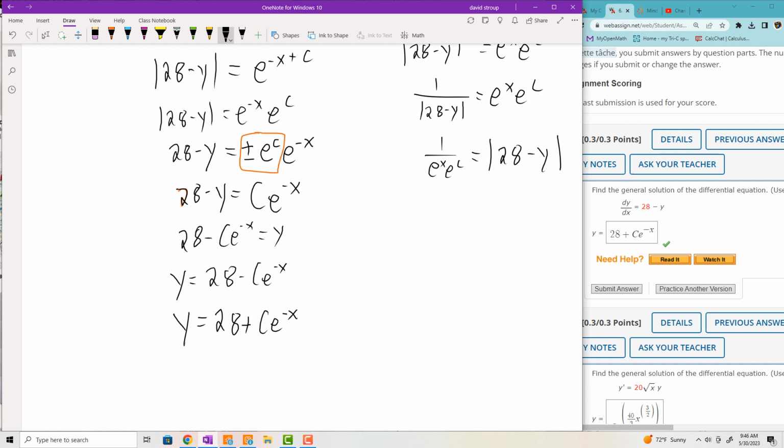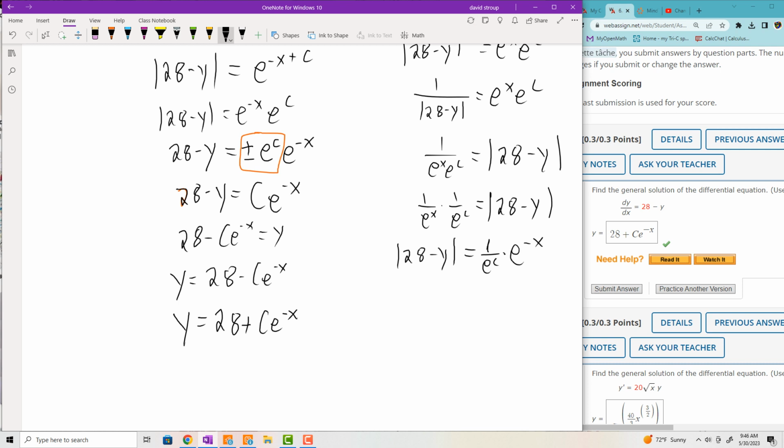Okay. This thing on the left, you could really write as 1 over e to the x times 1 all over e to the c. Maybe you can see where I'm headed here. I'm going to flip-flop sides. 1 over e to the x is e to the negative x, and then 1 over e to the c, I'll just write it like that.